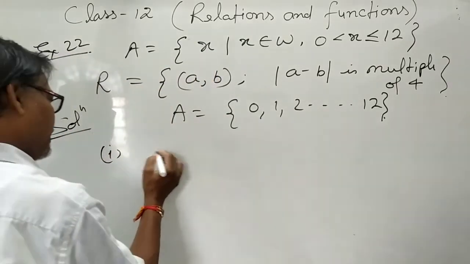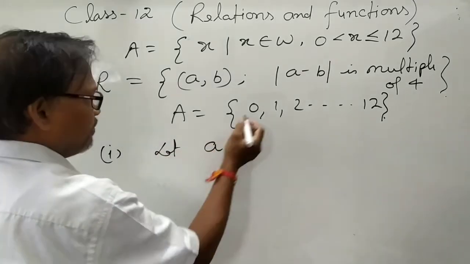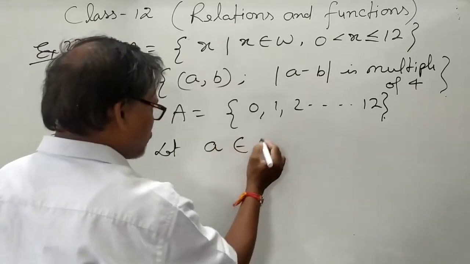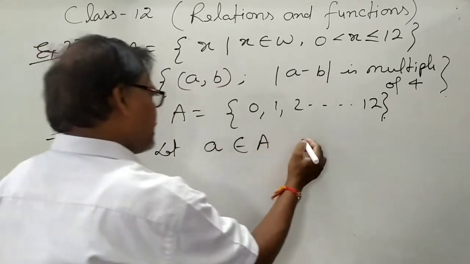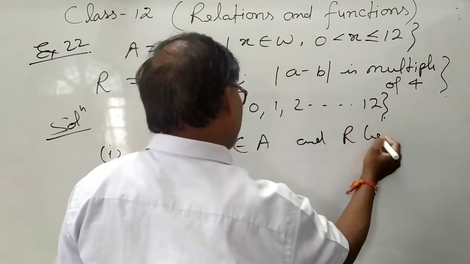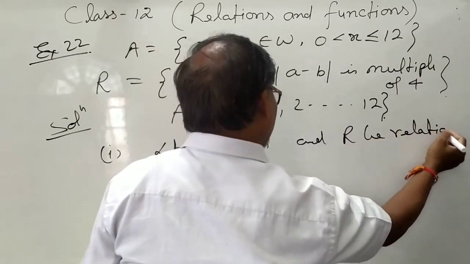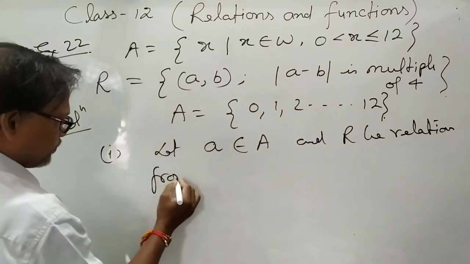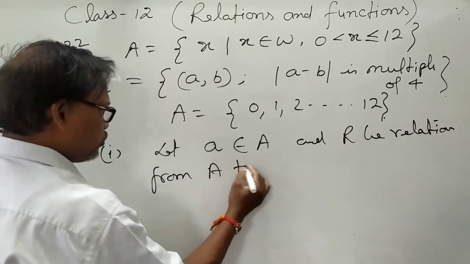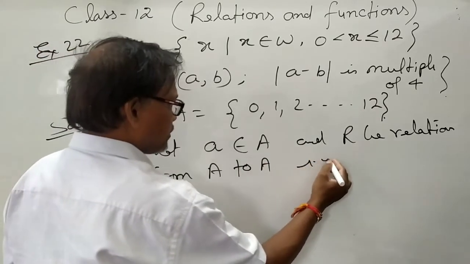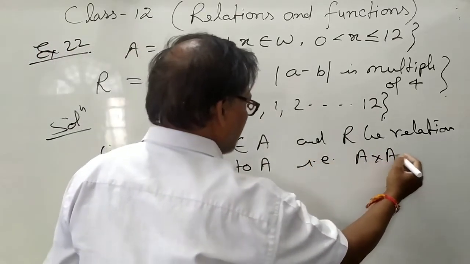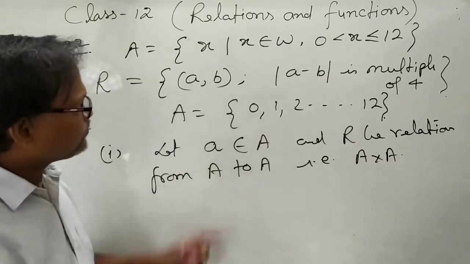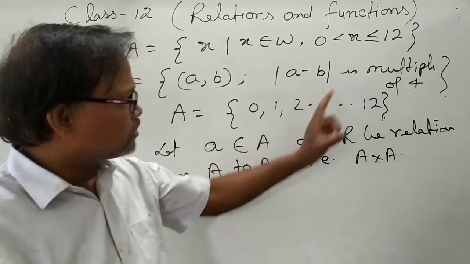You will take let A be any element from these 13 elements belonging to A and R be the relation from A to A, means A cross A. And then (A, B).